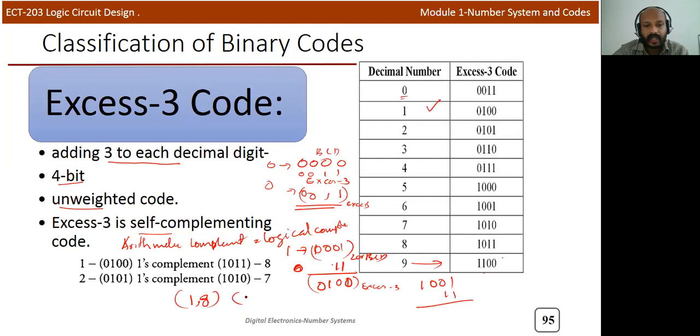Similarly, if you take 2, the arithmetic complement is 7. In decimal, the maximum digit is 9, so we subtract the given number from the maximum digit. The result gives you the arithmetic complement. Similarly, if you take 3, 6 will be the arithmetic complement. If you take 4, 5 will be the arithmetic complement. Similarly, the reverse also: if you take 5, 4 will be the arithmetic complement, in the decimal number system.